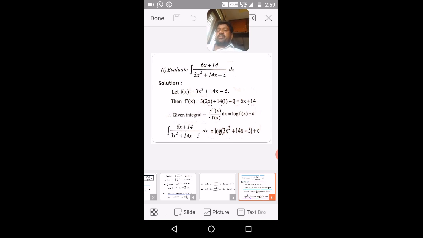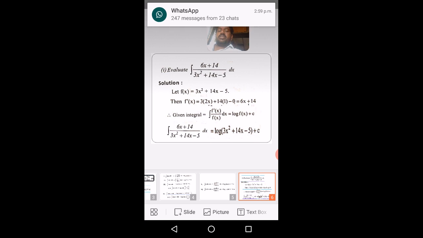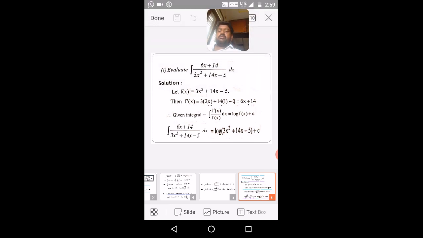Then f dash x, that means differentiate f of x with respect to x. Then it is 3 into the derivative of x square, which is 2x, plus 14 into the derivative of x, which is 1, minus the derivative of the constant, which is 0. So f dash x is 3 into 2x plus 14 into 1 minus 0, which equals 6x plus 14, which equals the numerator.